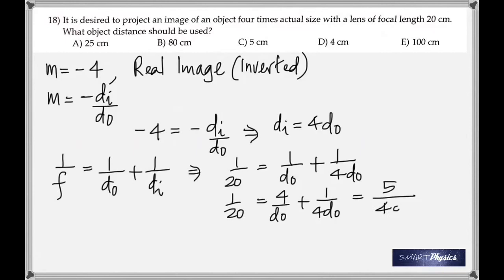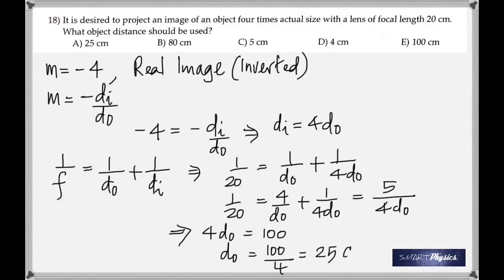And when you simplify that, we're going to get do. Cross multiply and rearrange, you get do as 25 centimeter. So that's it, 18 questions on reflection of light.